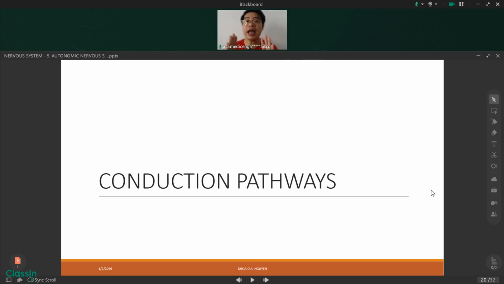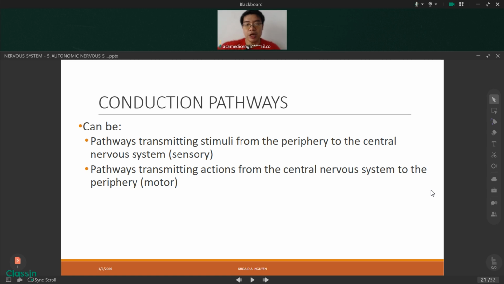Okay. So now in our last bit of the lesson, let's talk about conduction pathways. Conduction pathways can be two types of pathways. Number one, conduction pathways can transport stimuli, for example hot, cold, pain, temperature, and sometimes even vision, olfaction, hearing, taste, all of that.